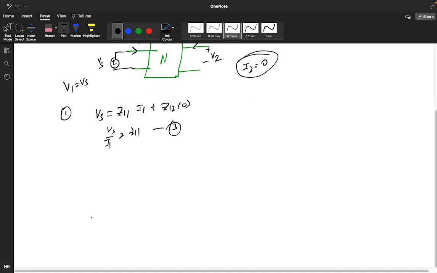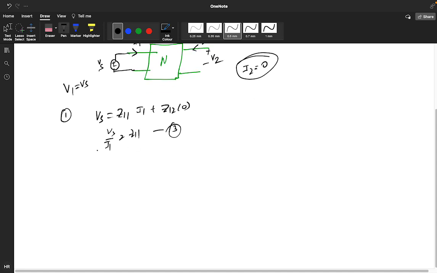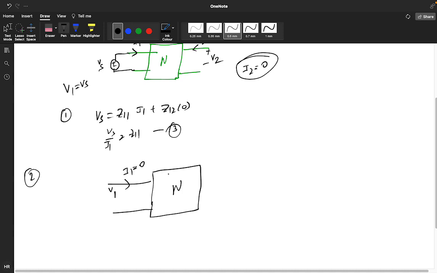Now the second assumption: you take the same network. This is the V1 side, with I1 equal to 0, and this is I2. Now you connect the same supply on this side.